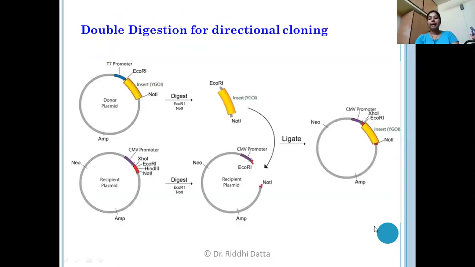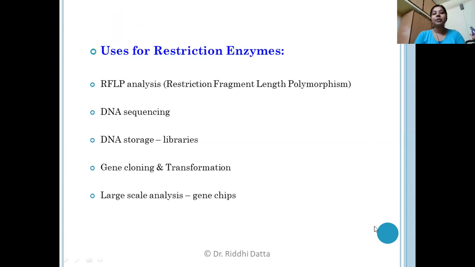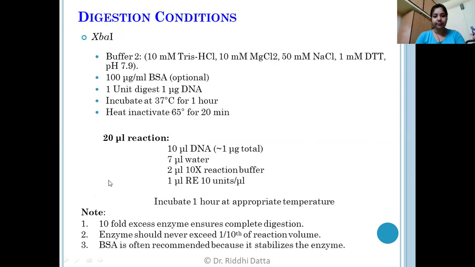So what are the applications? These restriction enzymes can be used for gene cloning, obviously, and apart from that, they can be used for RFLP analysis, DNA sequencing, synthesis of gene libraries, synthesis of gene chips, and so on. But in this lecture, we will concentrate mainly on the role of restriction enzymes in gene cloning.